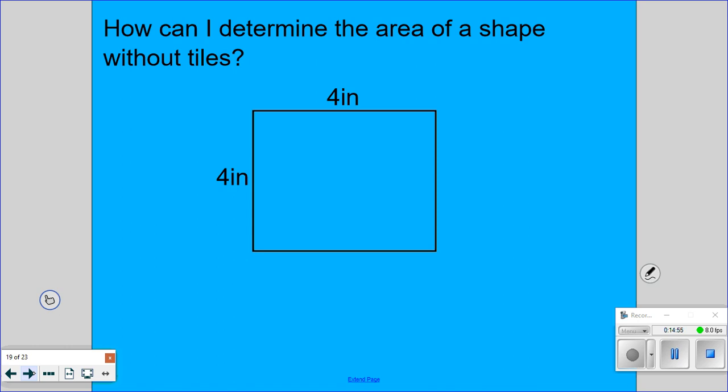What could be a way to solve the area of this shape without putting in any tiles? I could draw all those tiles, that would work. But how else could I figure it out without having to draw in all my tiles? What could I do?